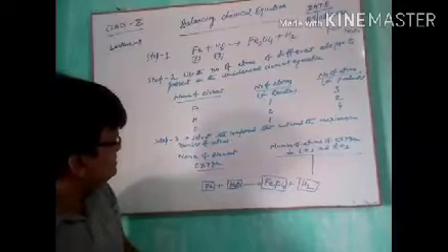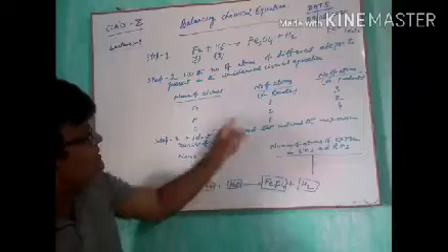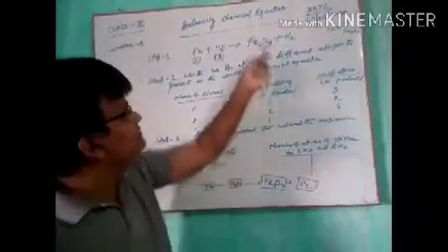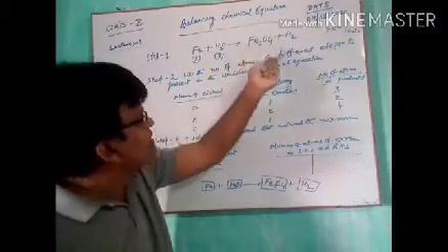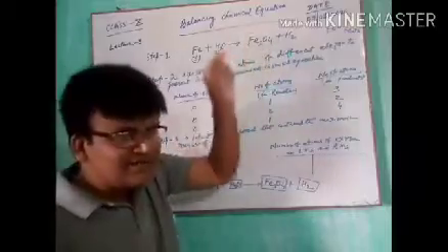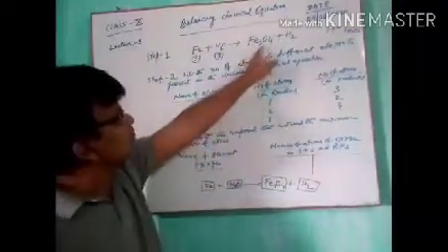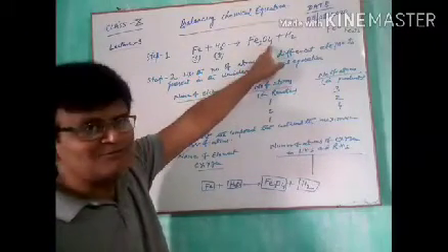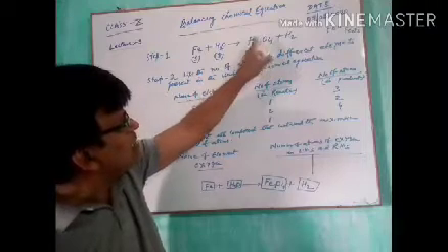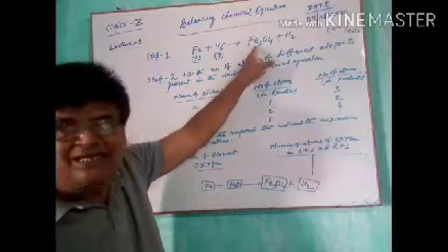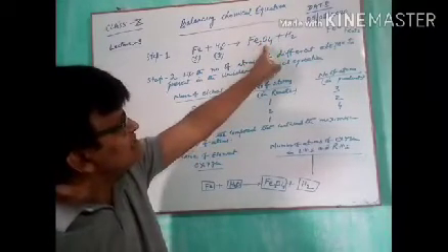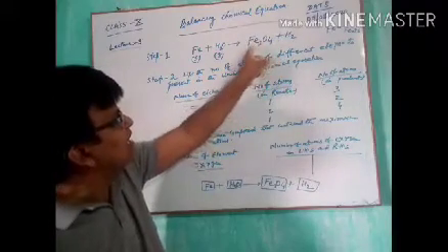According to the fourth step, after selecting the compound containing the largest number of atoms, here Fe3O4, the rule says to see which element in that compound is present in the highest number of atoms. In Fe3O4, oxygen is present in the highest number, 4, and iron is in second rank. So oxygen is rank 1 and iron is rank 2.